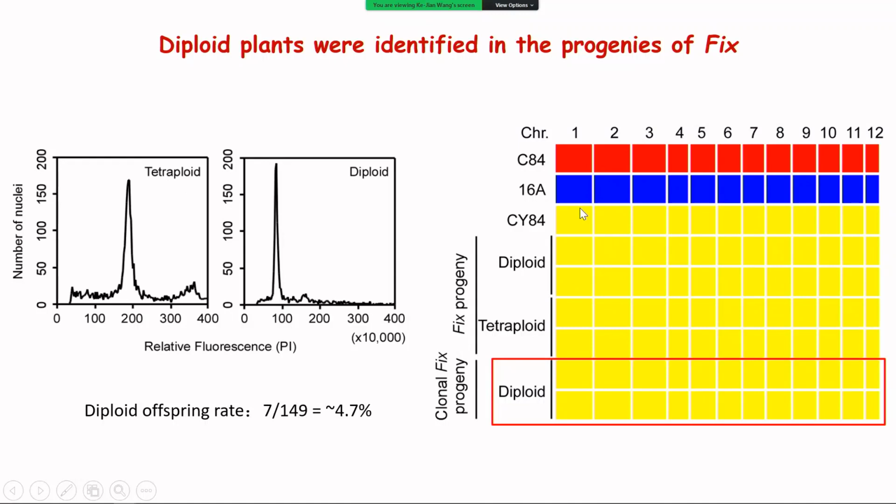We also conducted resequencing of all those diploid and tetraploid plants, and we found that all those plants displayed heterozygous genotype at all those sites. These results indicated that the ploidy and the genotype are fixed, indicating that they are clonal seeds.